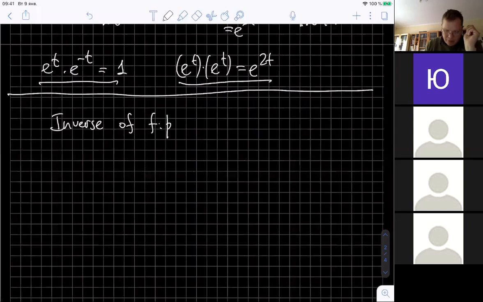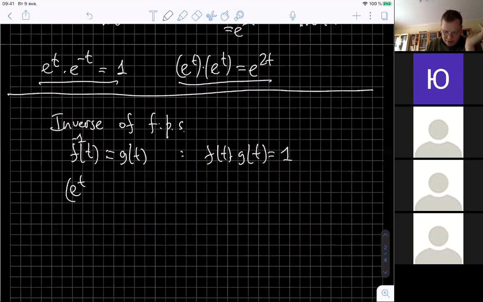If we have a formal power series, then its inverse is a formal power series such that the product of these two is equal to 1. For example, if we have e to the t, then e to the t to the minus 1 power is just e to the minus t.